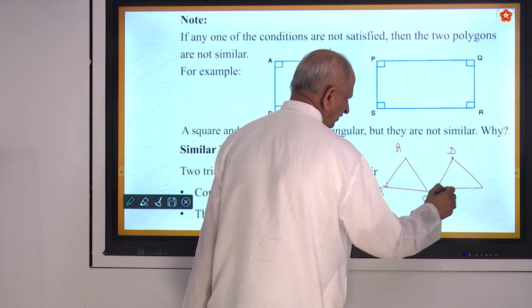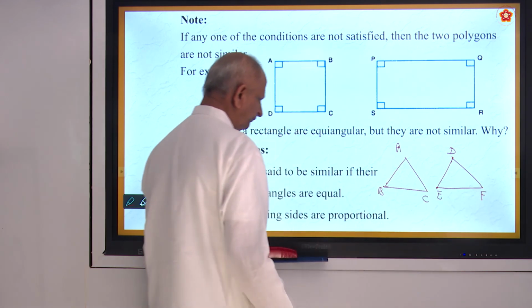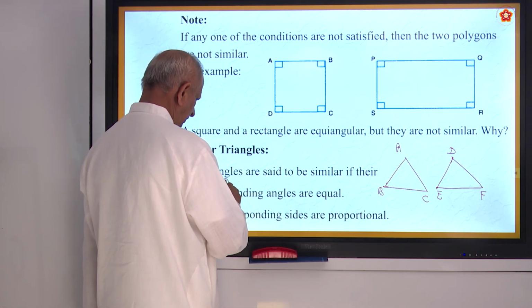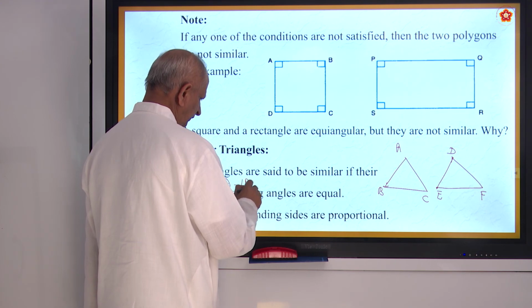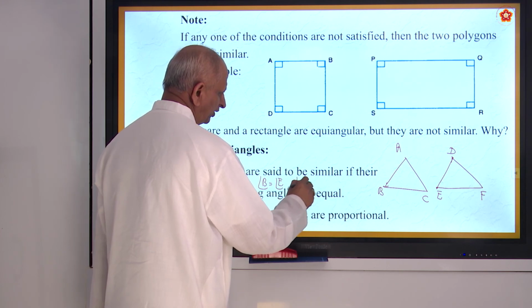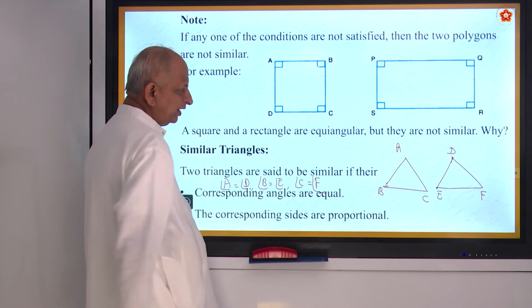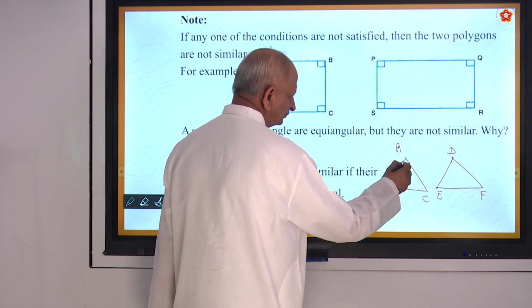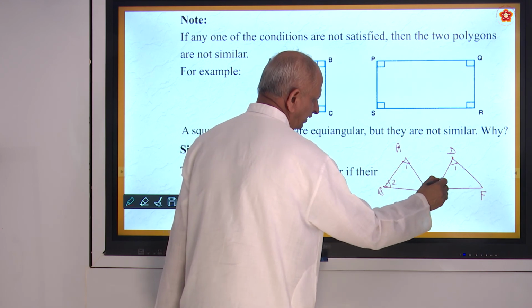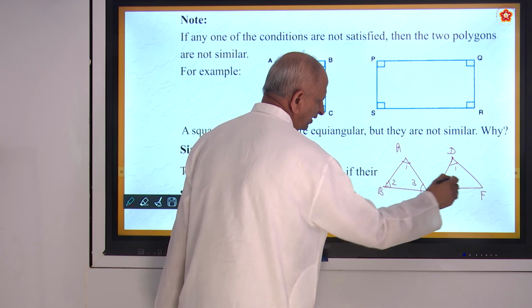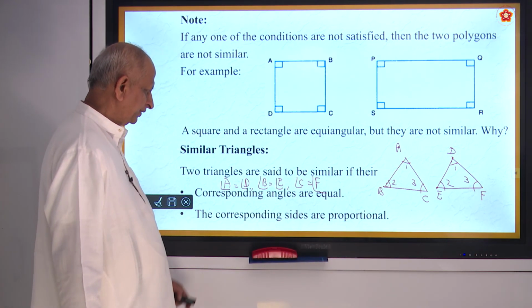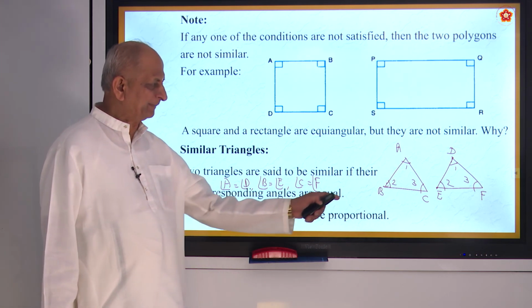So ABC is said to be similar to DEF if corresponding angles, A equal to D, B equal to E, C equal to F. That is what is called corresponding angles. If they are equal, then the two triangles are said to be similar.